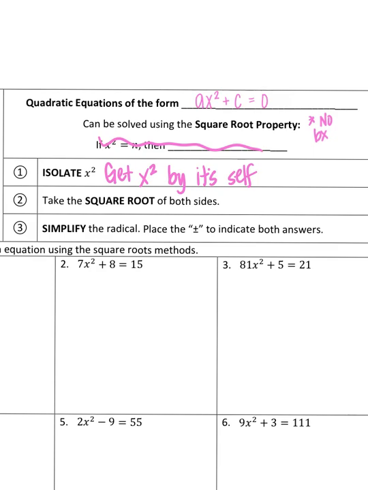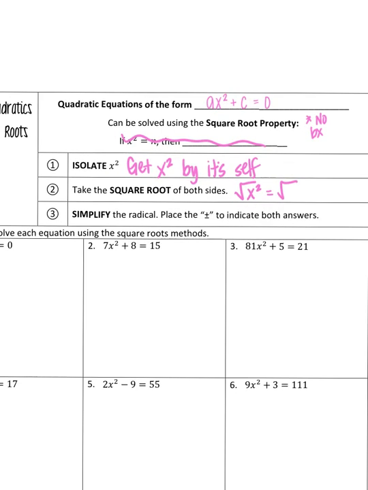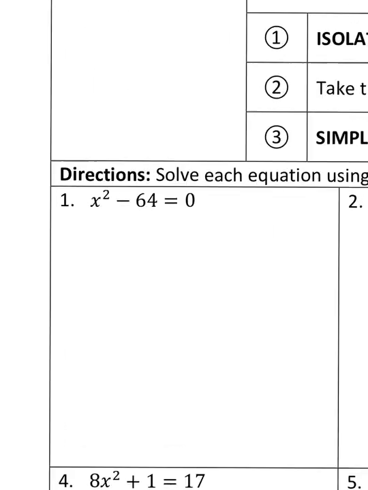Then we have x squared equals something, and we take the square root of both sides. Then we simplify the radical and place a plus or minus to indicate both answers. So every answer is going to have a plus or minus in front of a number or the radical. All right, let's look at some.